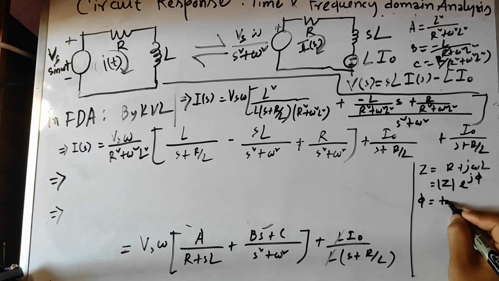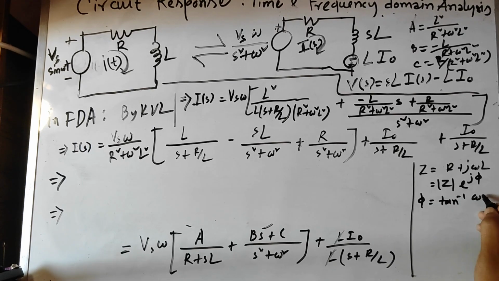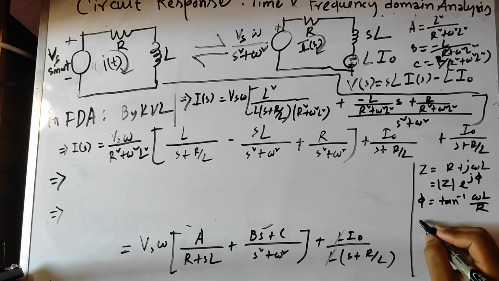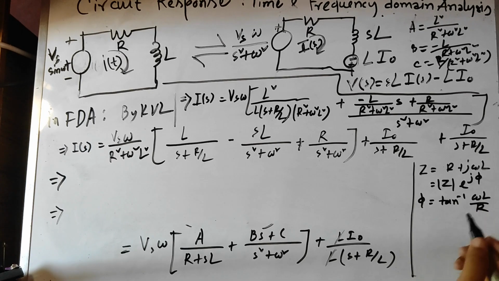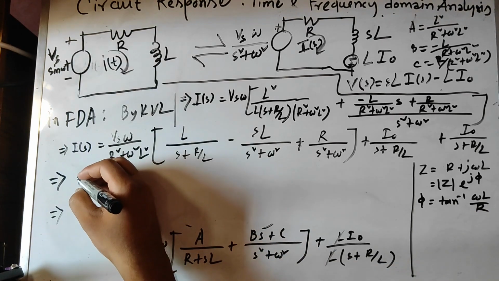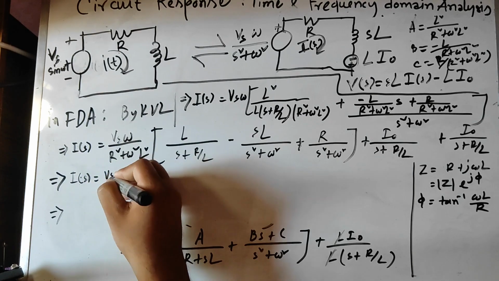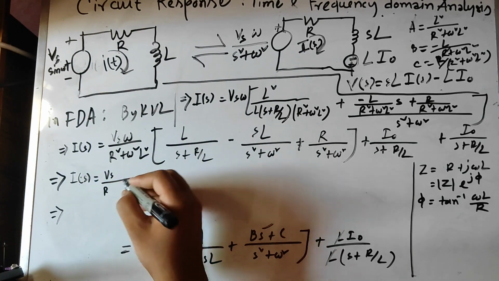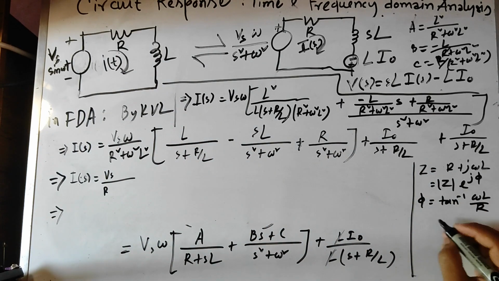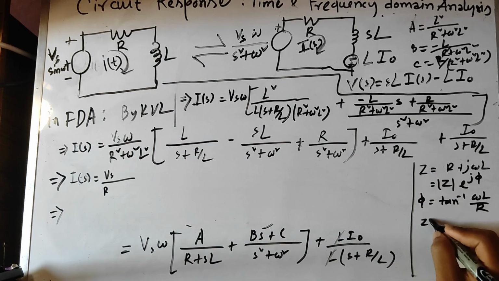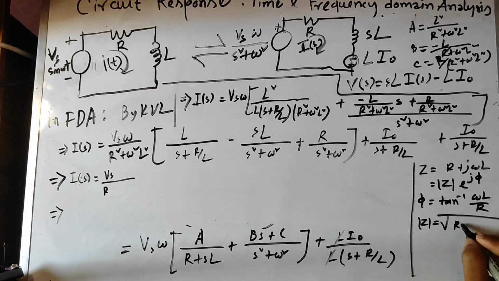Phi is tan inverse of omega L by R, and so on. And we are gonna do some modifications. So Vs by Z, where Z equals root over R square plus omega square L square.